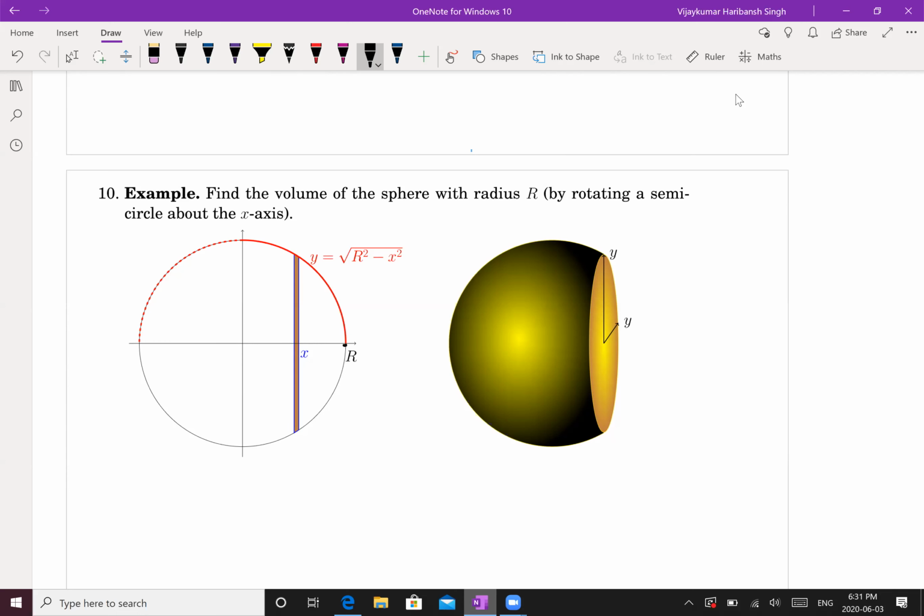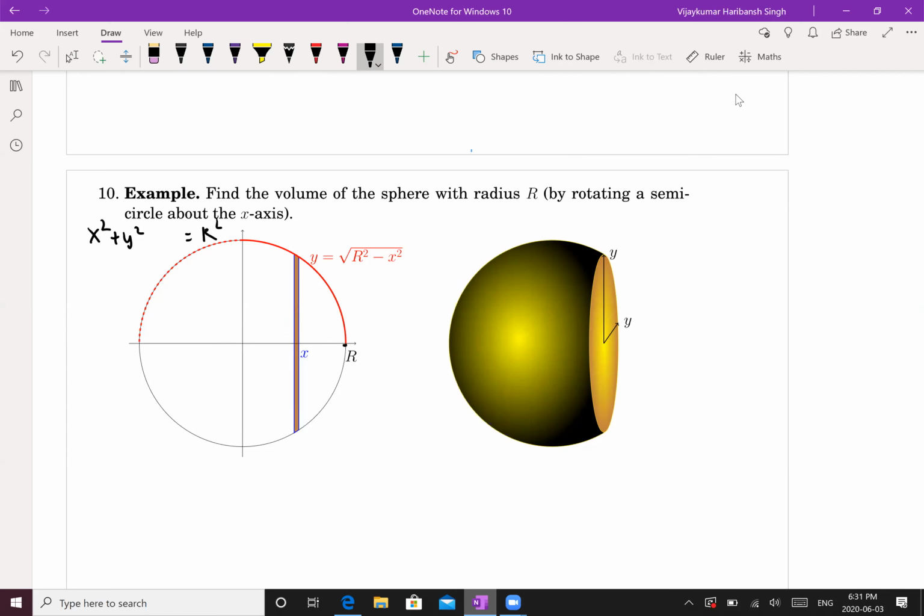Now, in that case, you can let z equal 0. So the sphere, which looks like x squared plus y squared plus z squared equals r squared, we are now taking the upper circle and rotating this circle along the x-axis.